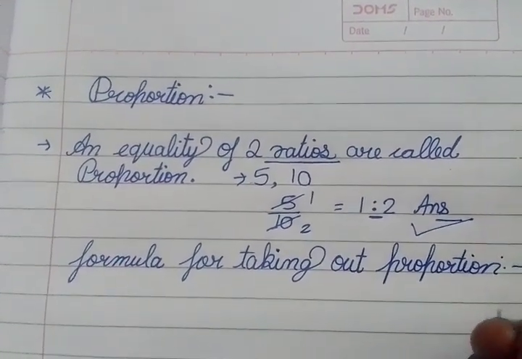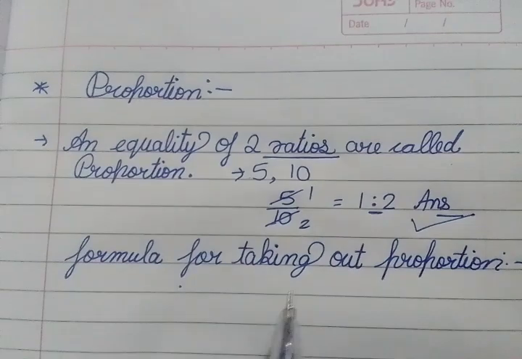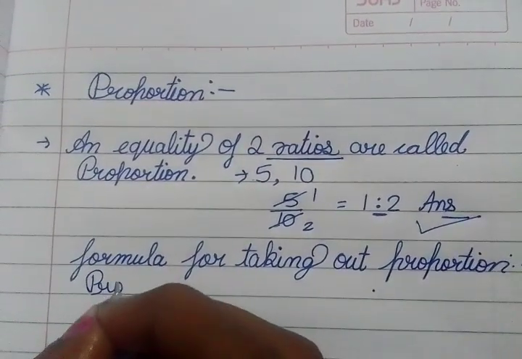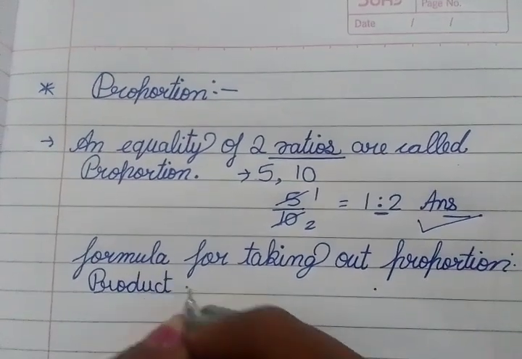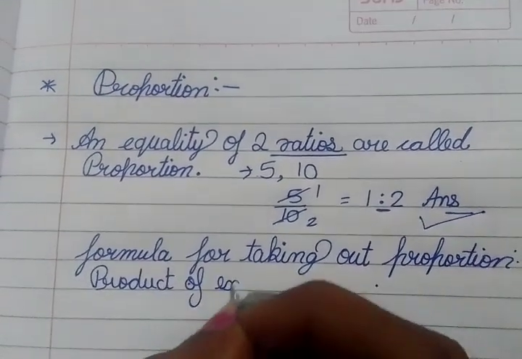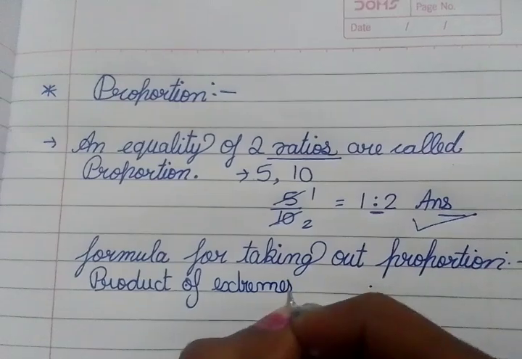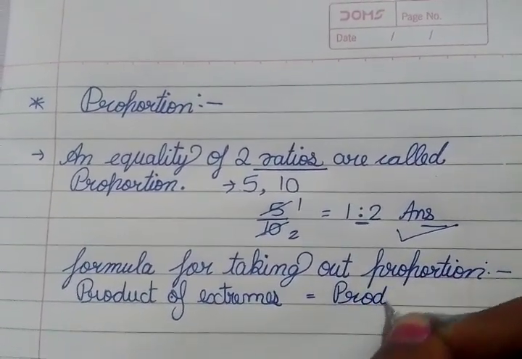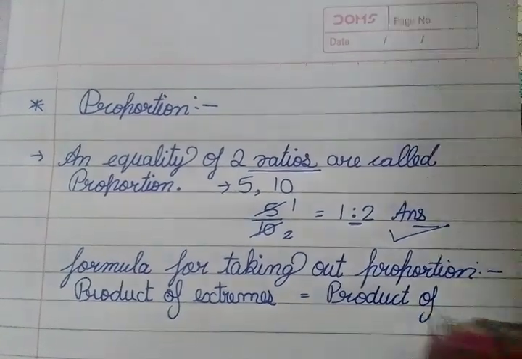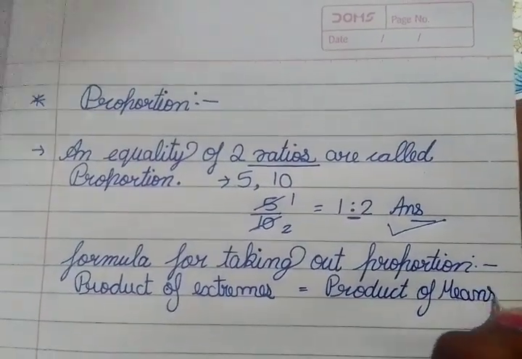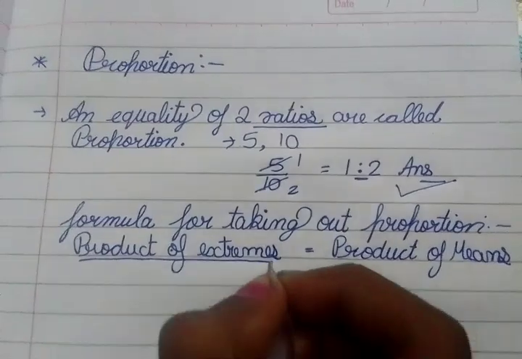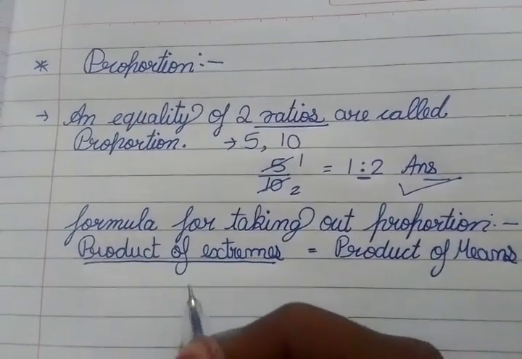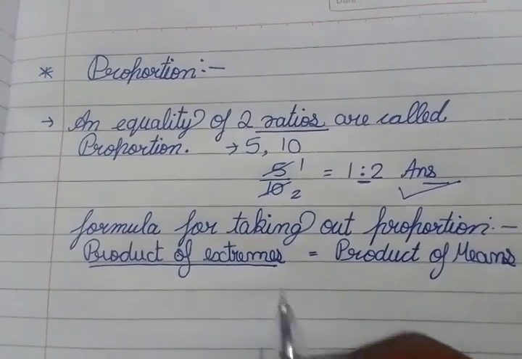So the formula is product of extremes equal product of means. What is product of extremes? First and fourth term of proportion are called extreme terms or extremes.